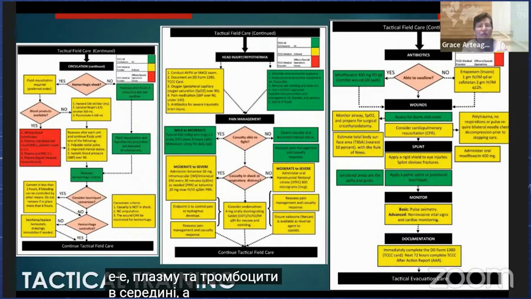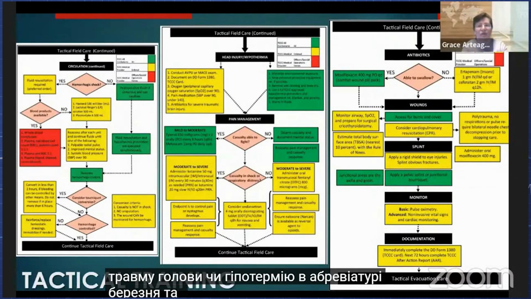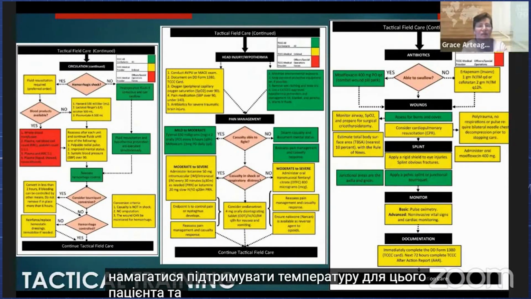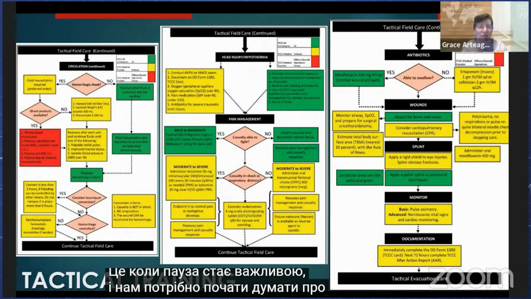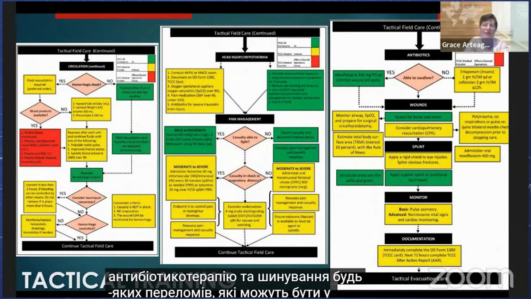In the middle, we start addressing the H, which is the head injury or hypothermia, in the acronym of MARCH. The most important thing is to try to maintain temperature for this patient and provide medications that can support them. This is when PAWS becomes important, and we need to start thinking about antibiotic coverage and splinting any kind of fractures the patient might have.